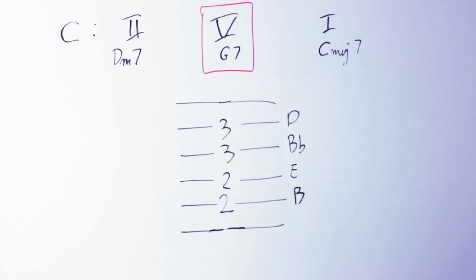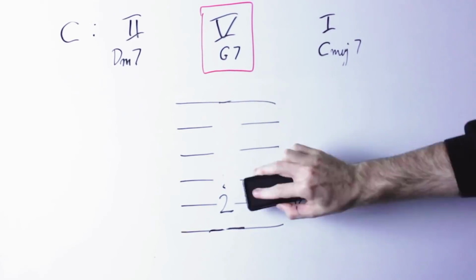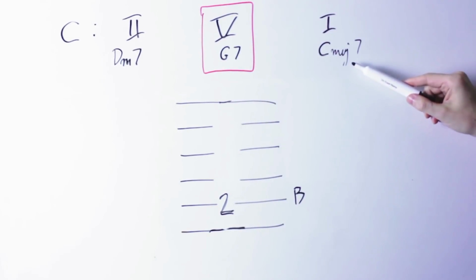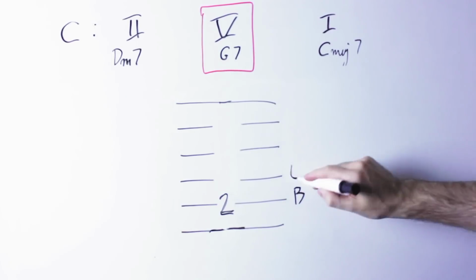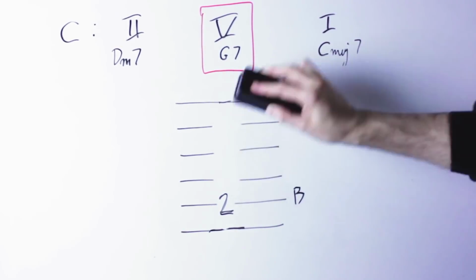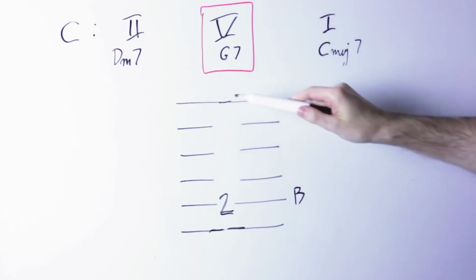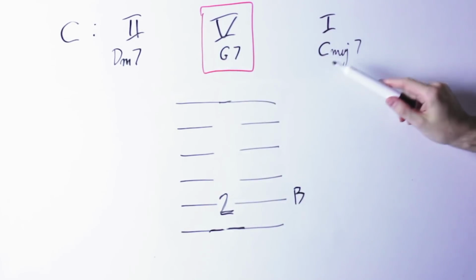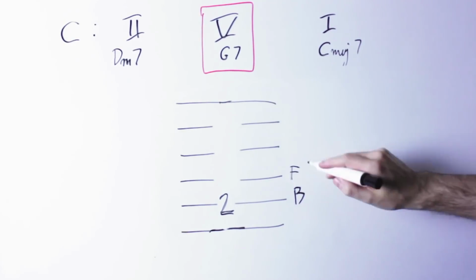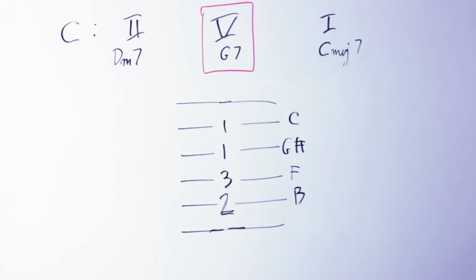This chord is B, E, B flat, D. This chord is B, E, B flat, D sharp. This chord is B, F, G sharp, C.